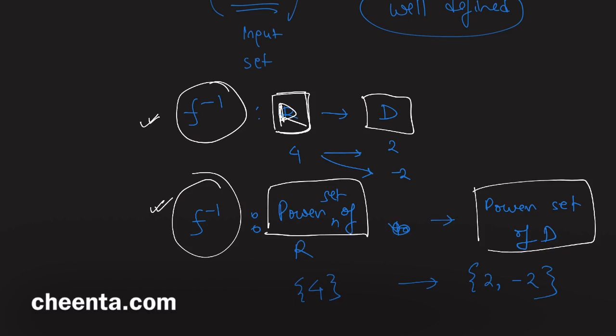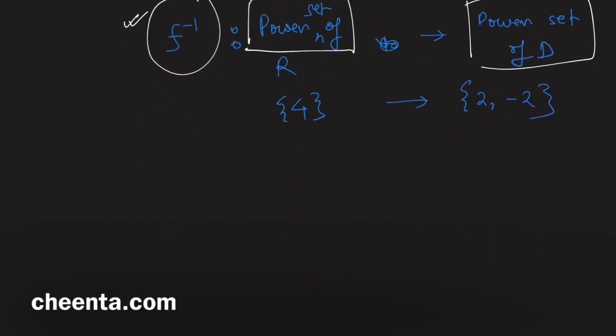Actually, we should not. But unfortunately, most mathematics books use this particular notation, and therefore people have continued to use this notation. We should not have used the same notation for the inverse function and inverse set function. Very different things.